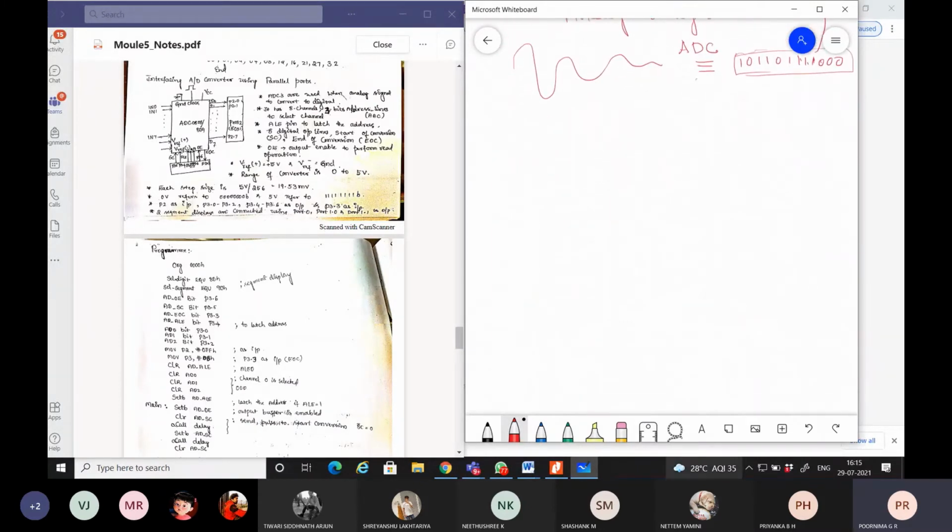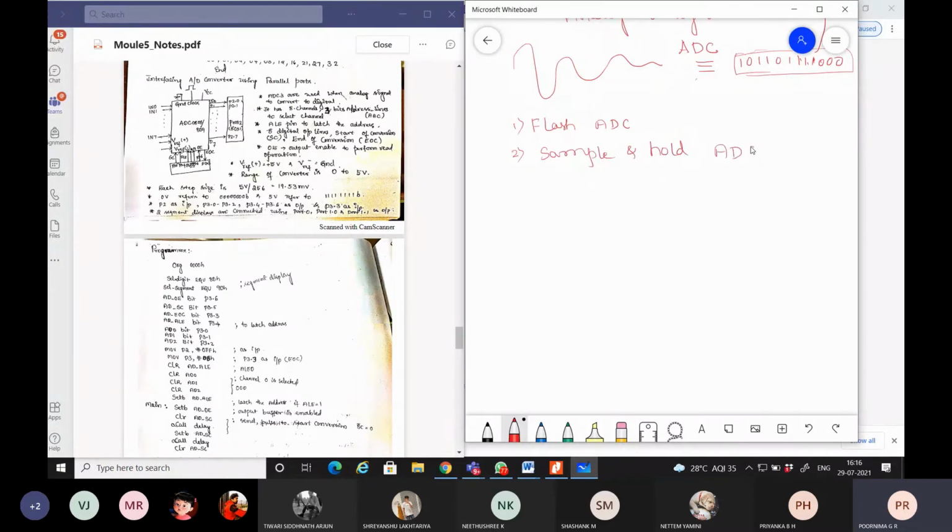Now, what are the various types of analog to digital converters you have? You have the flash ADC, to which you can give the analog input and you can see the digital output. This is the first type, and the second type of ADC which we usually use is the sample and hold ADC.